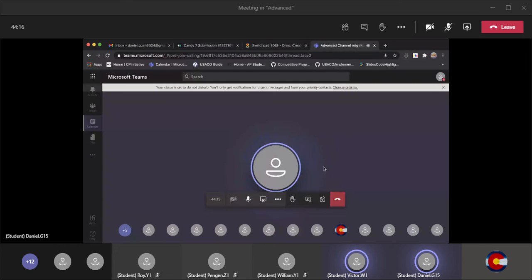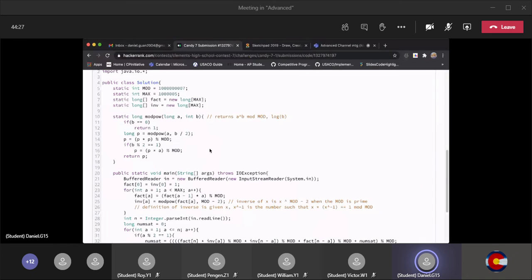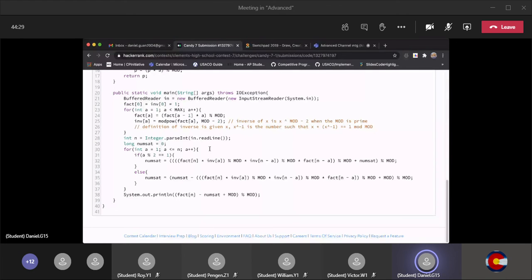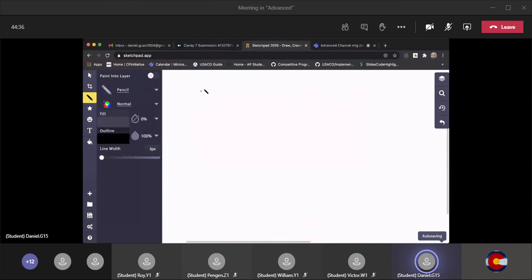Yeah, so why is multiplying by the modular inverse the same as dividing by the number? Because when you divide by a number, let me crop this. Okay, so when you're dividing by x, you are in fact just multiplying by 1 over x.